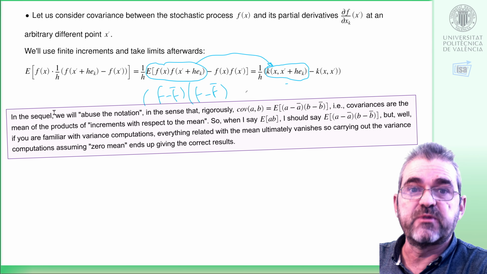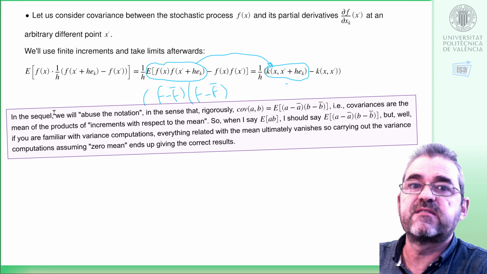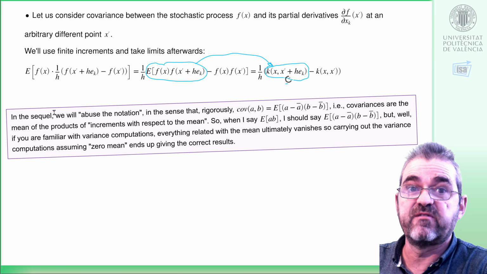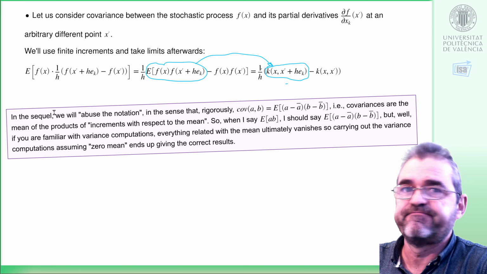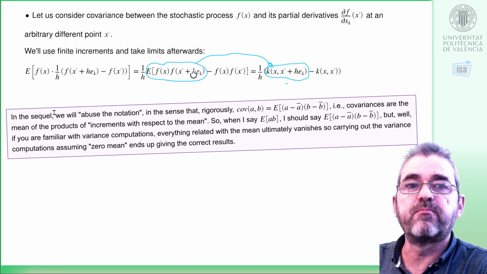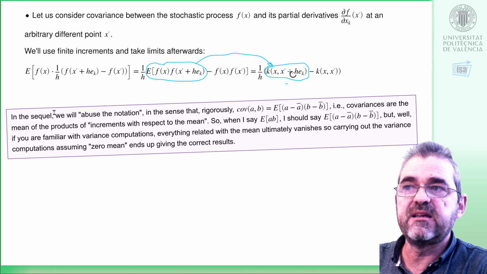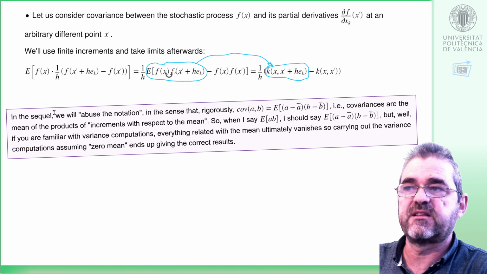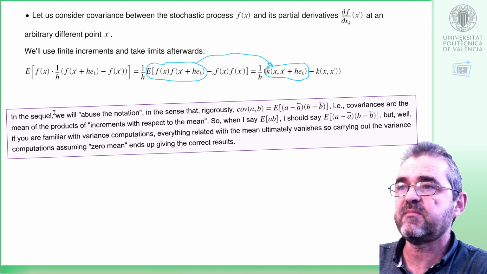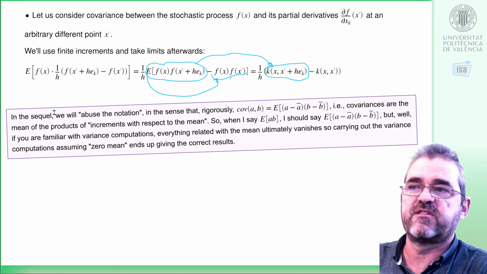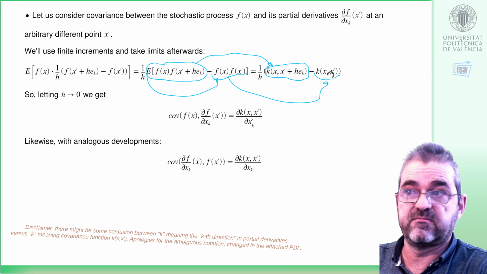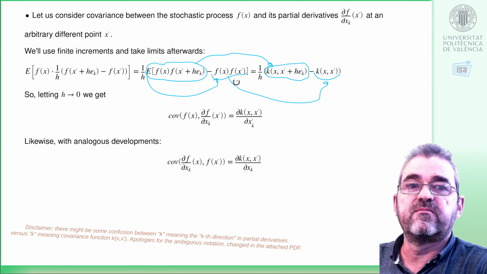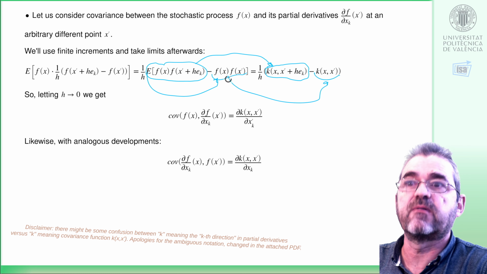I leave to you as an exercise to write the correct version with non-zero mean. If you're familiar with variance computations, you know that when we say this, we are actually saying products of increments around the mean, but things do work. The expectation of this product is this kappa, and of course, the expectation of this product is kappa of x, x prime by definition of kappa, abusing the notation because I did not put increments around the mean.